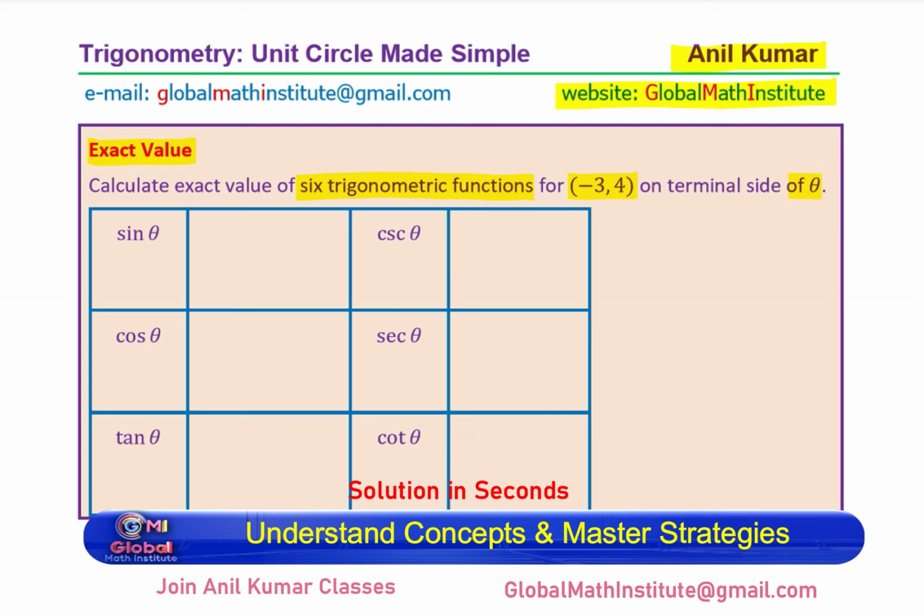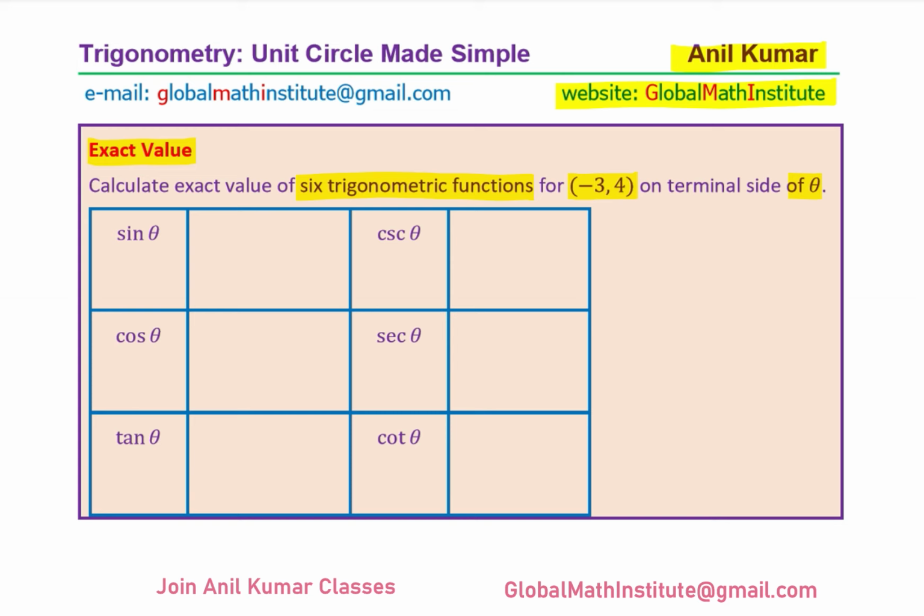So we need to find sine theta, cos theta, tan theta, cosecant theta, secant theta, and cotangent theta when the terminal arm goes through the point (-3, 4), right? So (-3, 4) really means that the terminal arm is in quadrant 2, right? So maybe this kind of a position. So this could be (-3, 4).